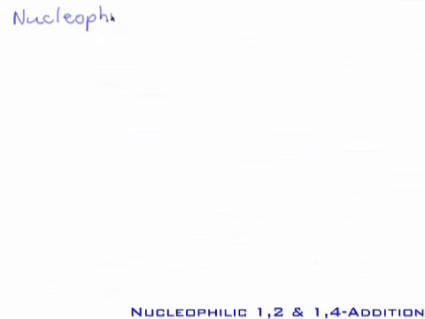Well, nucleophilic attack can lead to both 1,2 or 1,4 addition. Whereas in the case of HCl, the 1,2 product wasn't stable. Nucleophilic attack gives rise to both possibilities, 1,2 and 1,4 addition.